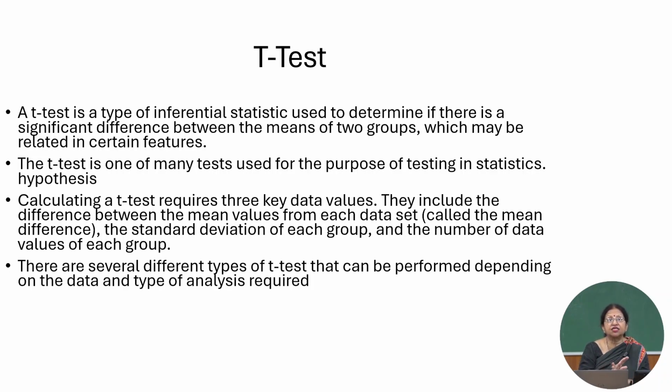So it is like playing with three bars. You are actually tossing between them and trying to understand that this t-test actually has three key data values. Whether you have a mean difference, whether you have a standard deviation of each group, and the number of data values in each group. All these play a very significant role in determining the t-test of the statistical tool.